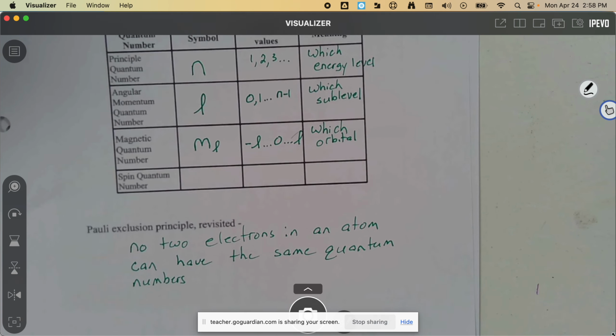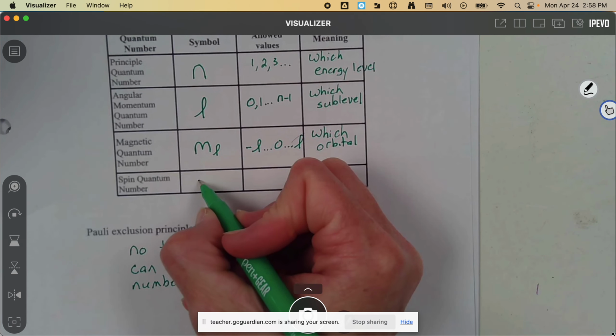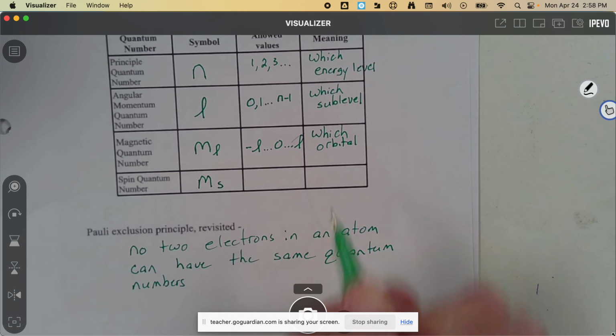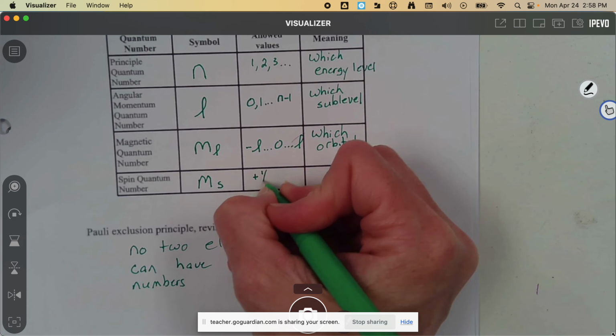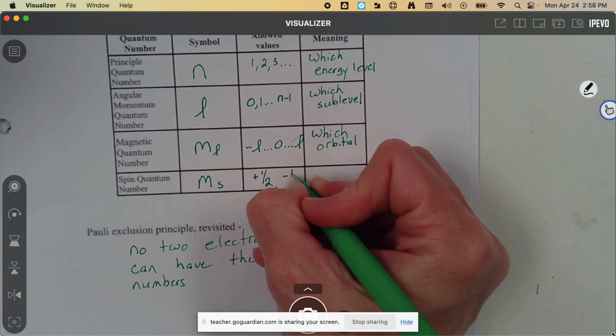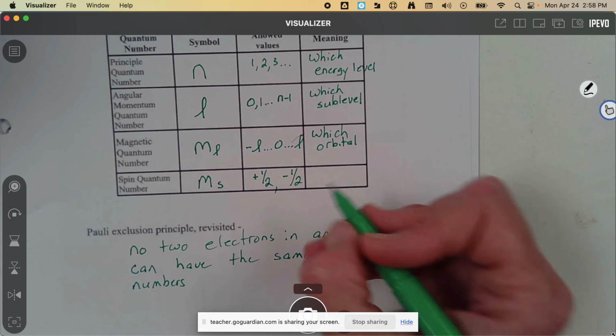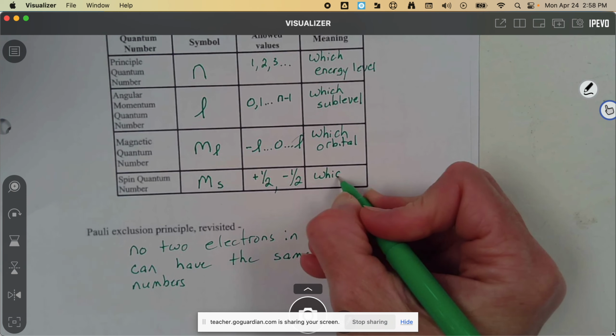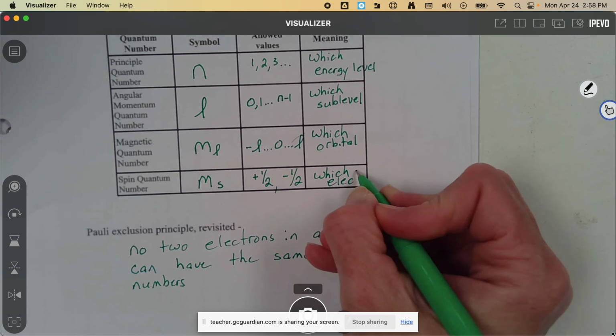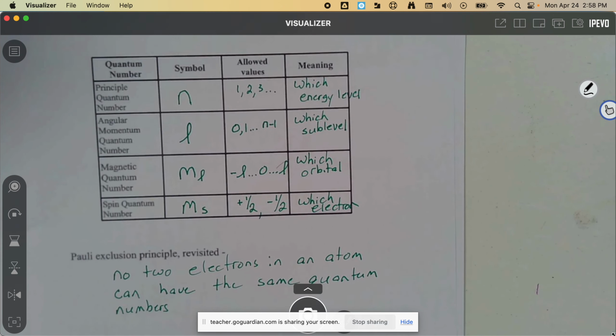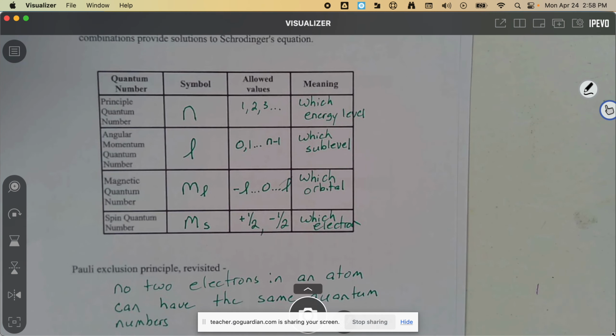And so Pauli added a 4th quantum number, m sub s, which can be plus 1/2 or minus 1/2, and that's it. Okay, now that's a confusing mess.